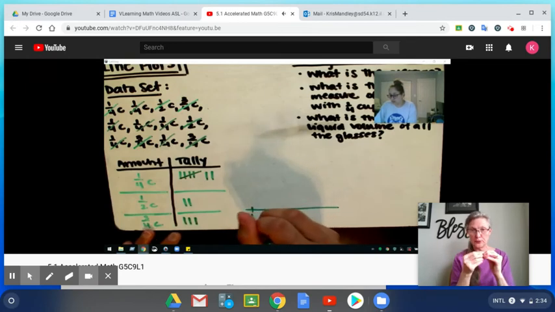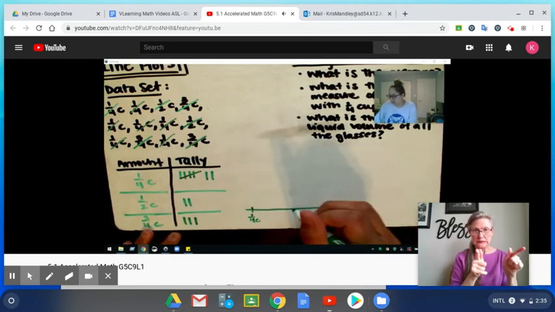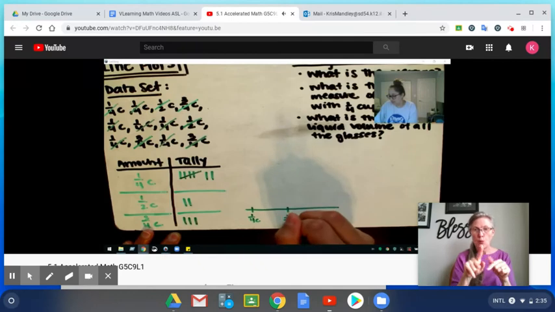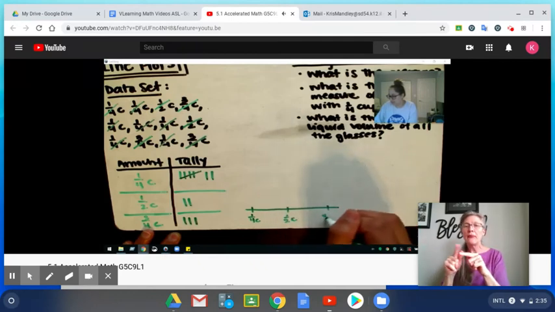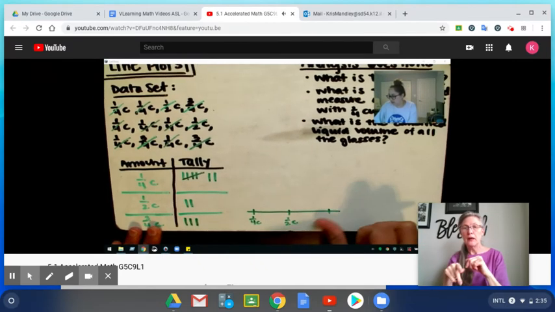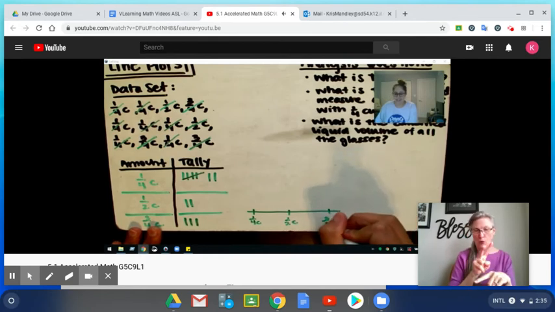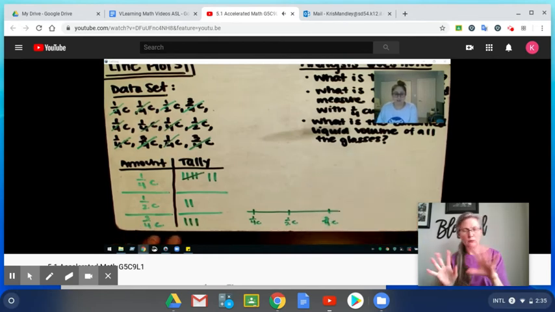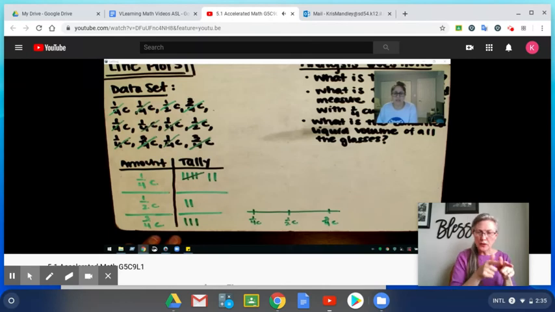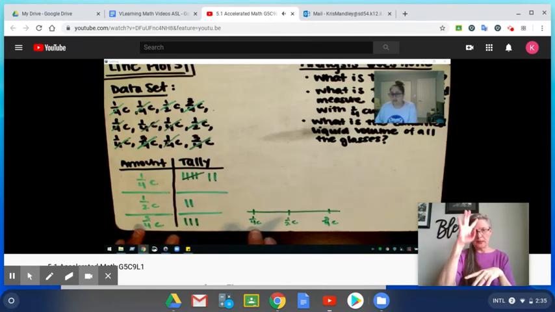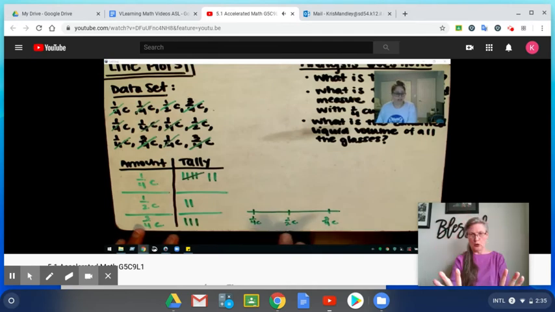So 1/4, because that's my smallest. Then I have 1/2, that's in the middle. And then 3/4. So notice I'm not going out of order. I'm staying in numerical order. I cannot just write these numbers in whatever order I want. I need to go in order so that my scale makes sense, right? My scale, just like on a ruler, is moving up, from 1/4 to 1/2 to 3/4.